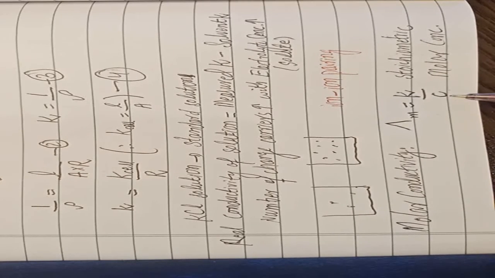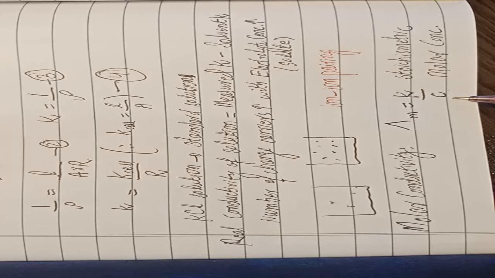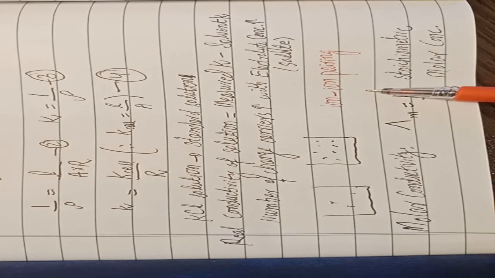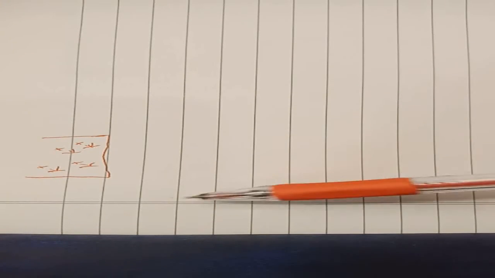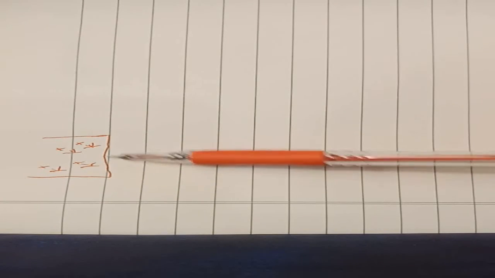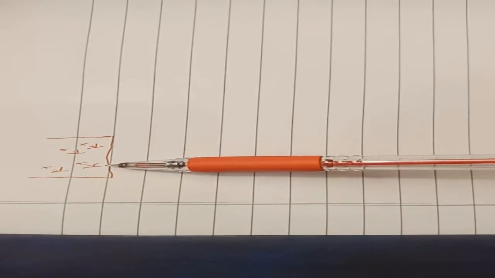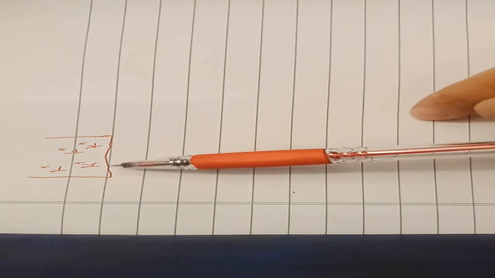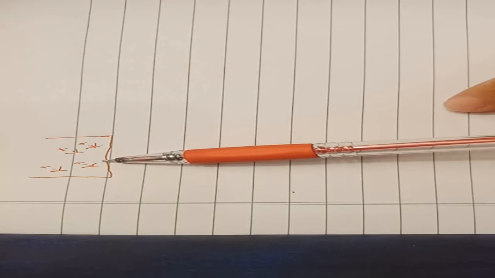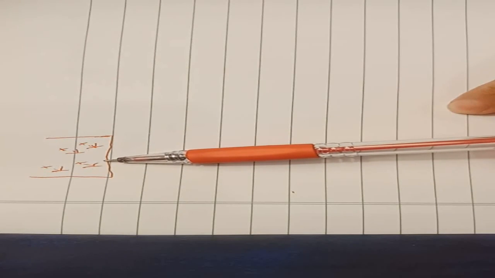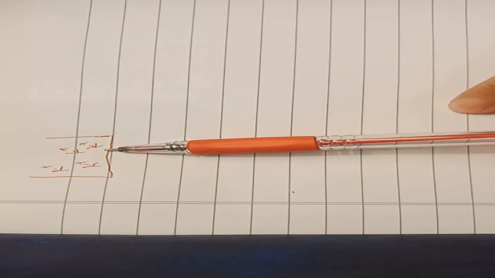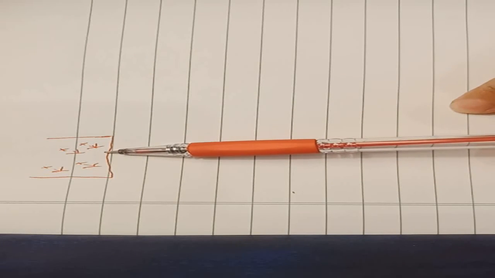So this quantity, which has been divided by the concentration, gives a quantity that is independent of concentration in the absence of ion-ion pairing, because when ions are separately solvated and acting as new unit charges, the concentration of the solution is equal to the stoichiometric concentration of the electrolyte.